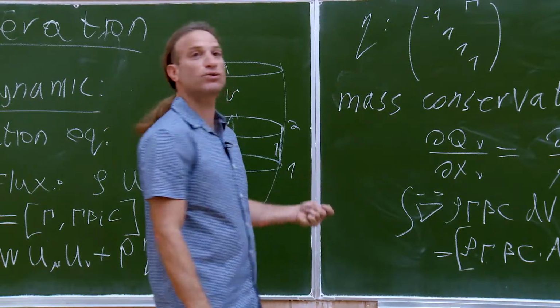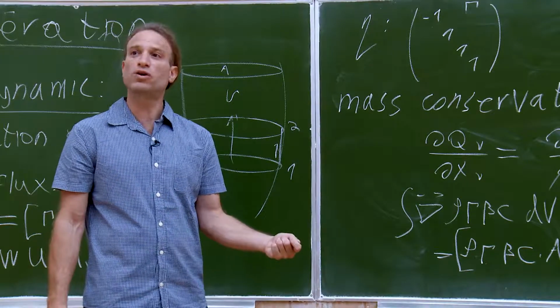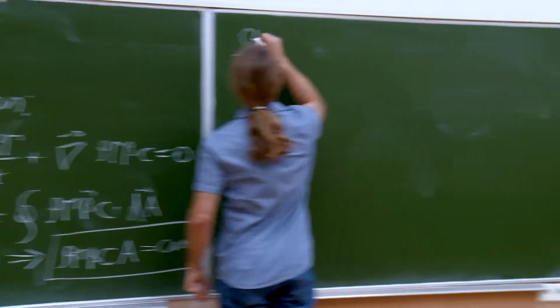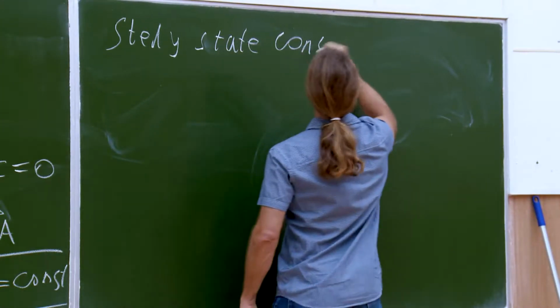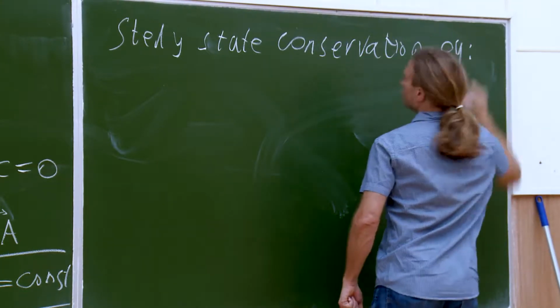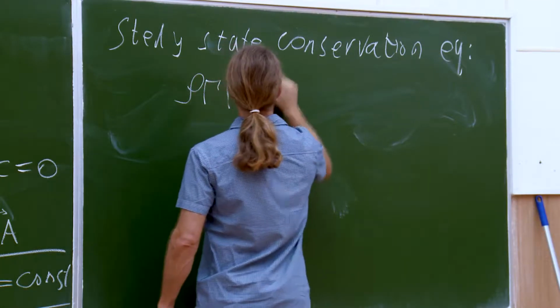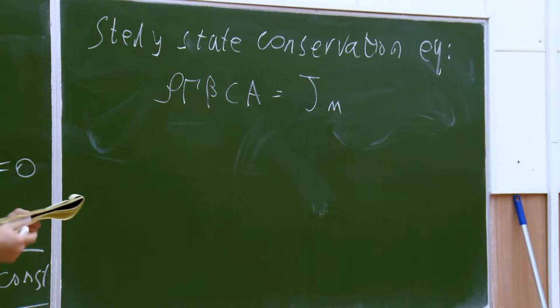I can do the same exercise for energy conservation and a similar exercise for momentum conservation and come out with 3 equations. So the steady state conservation equation will tell me that ργβcA is conserved, and I call this quantity Jm, the m for mass, because I will use current later.